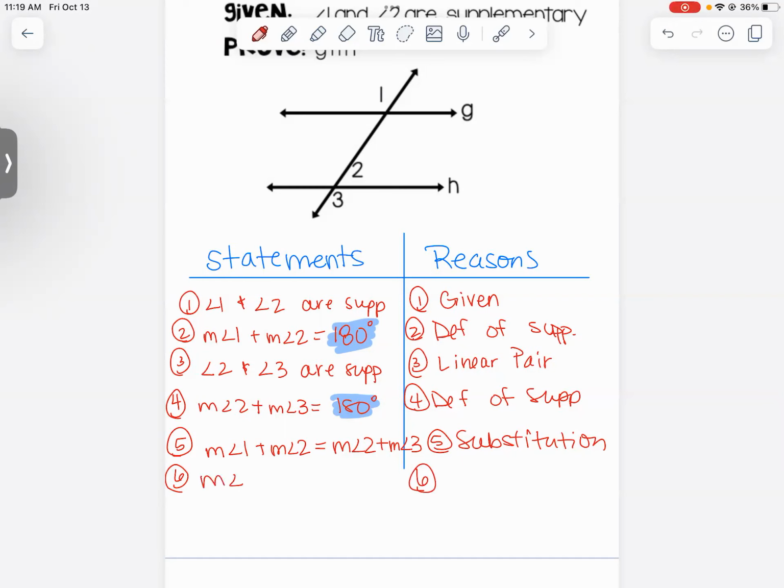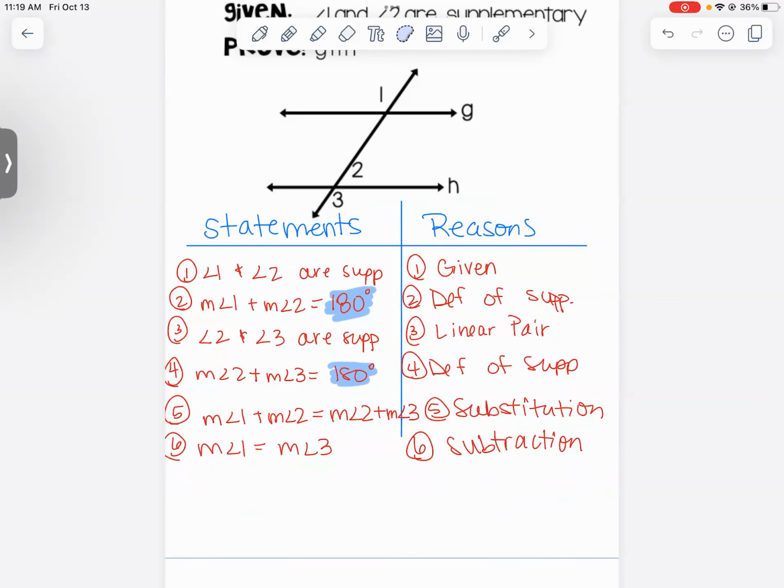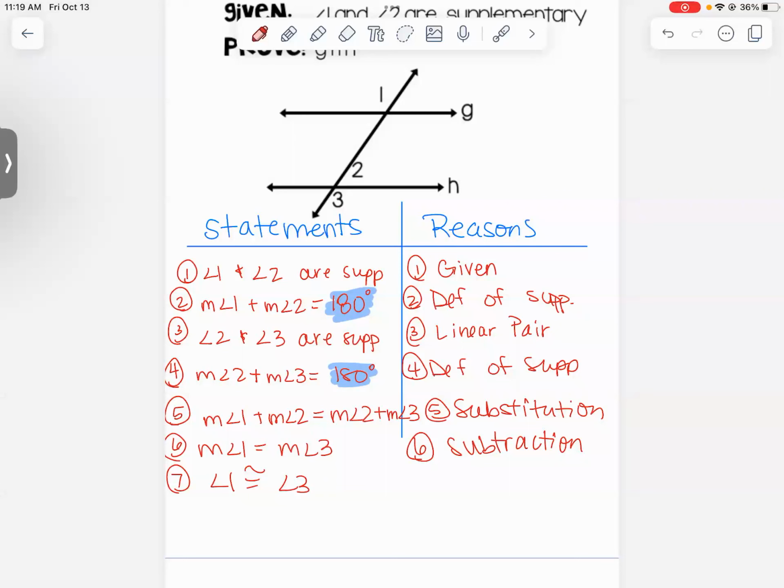Okay, so now we have the measure of angle 1 equals the measure of angle 3. So we know that angle 1 is congruent to angle 3 by the definition of congruent.